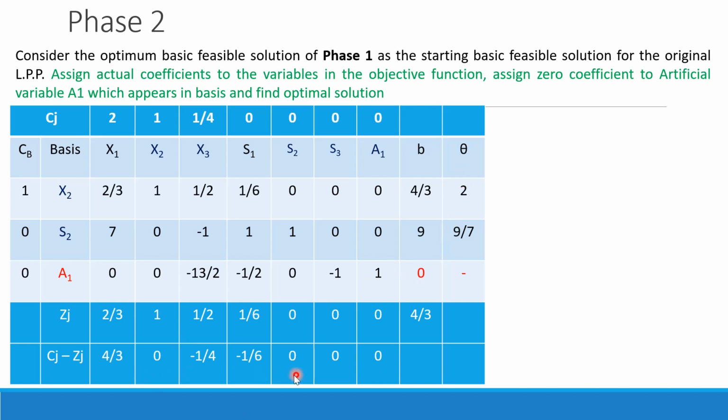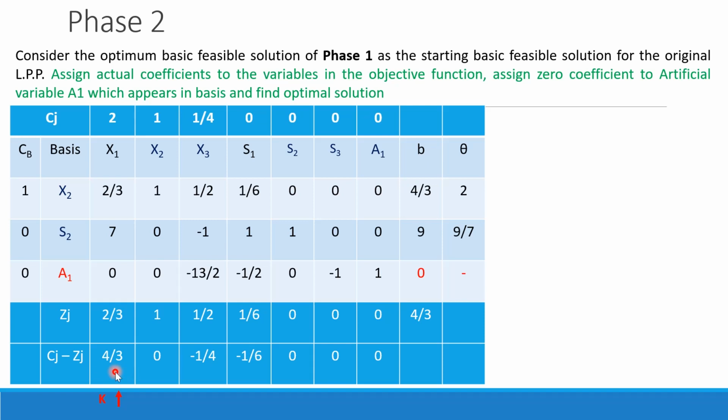Now the original function is of maximization, therefore we have to search for a Cj minus Zj where all the values are 0 or negative.